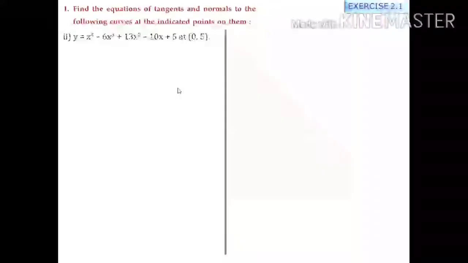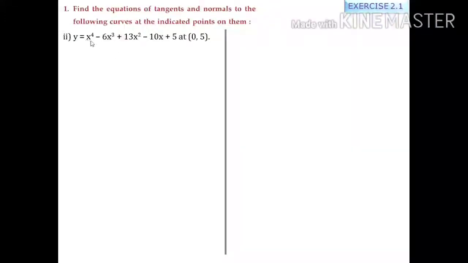Problem second. Curve equation y is equal to x raised to 4 minus 6x cube plus 13x square minus 10x plus 5 at point (0, 5). To find the equation of the tangent and normal to this curve, let us see. First, writing the given equation of the curve.